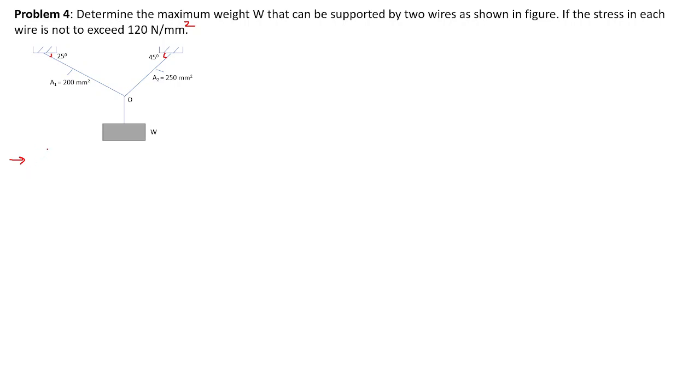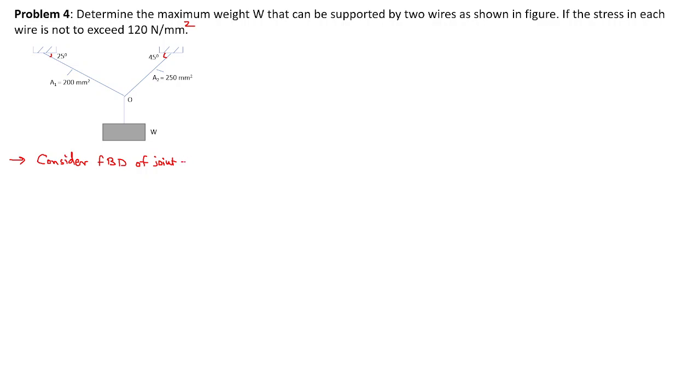First, you have to redraw this diagram. It's called a free body diagram. So consider the free body diagram. You have to write this as it is, because I am giving you steps from an exam point of view.